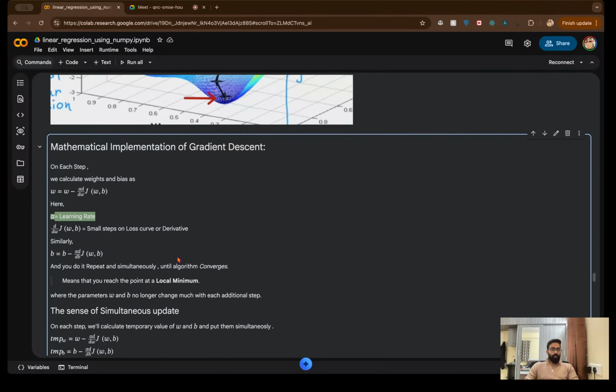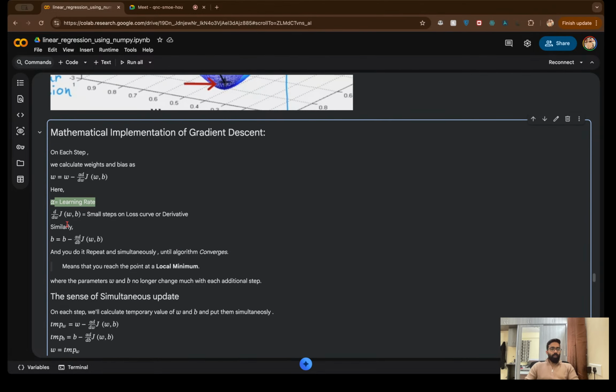And what is dJ by dw of J(w,b)? It is the derivative of J(w,b), the small steps on the loss curve. Similarly, it is also calculating b. b is equal to b minus alpha dJ by db of J(w,b).